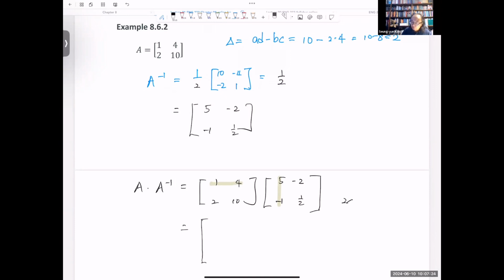We have a 2 by 2 matrix times a 2 by 2 matrix, the inner numbers match up, and the result is going to be the outer numbers, which is 2 by 2.